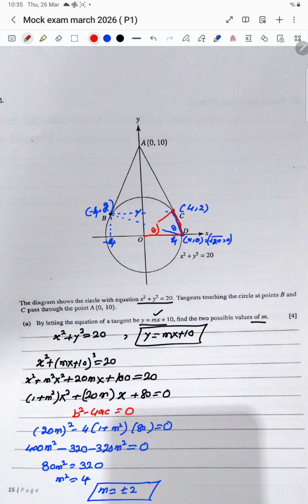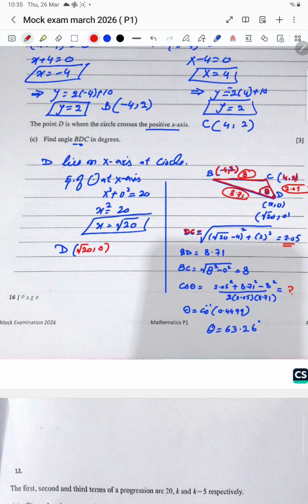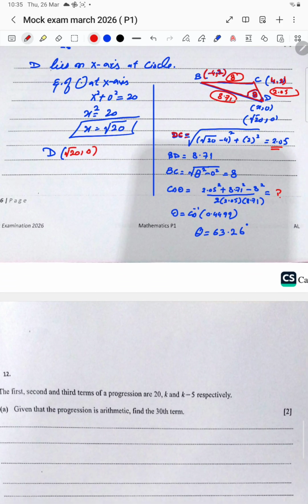Even you can apply the isosceles triangle property here or go with this. So the approach can vary from here. I did the cosine rule, and after applying the cosine rule we get theta equal to cos inverse of this, that is 63.26 approximately, is my answer. That is easy to solve.